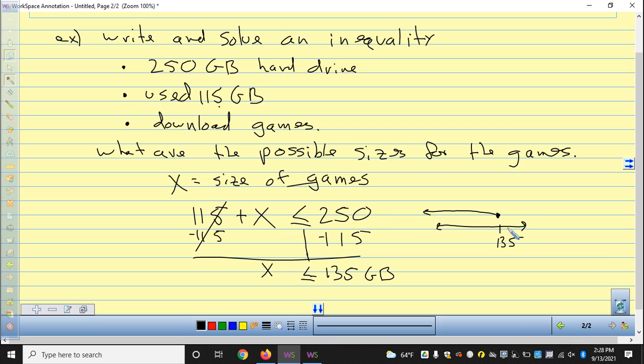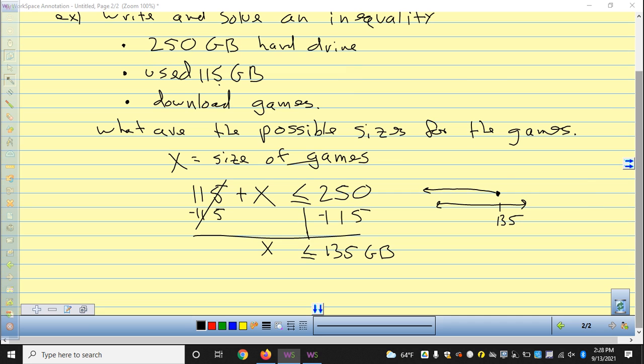And there's our graph of our solution. Okay. Questions here?